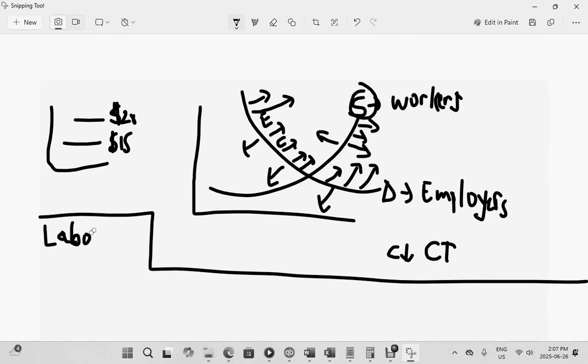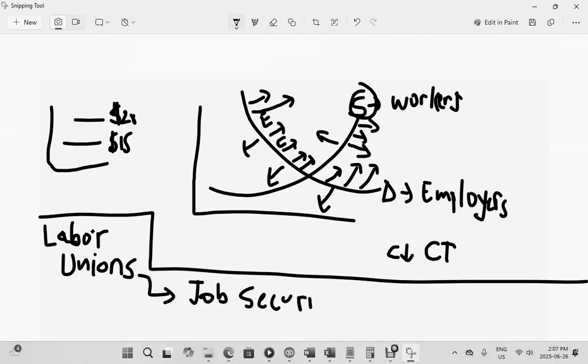One of the reasons why labor unions bargain for wages and job security is that union workers tend to stay in the company for a longer period of time, which may be more attractive for certain employers. So this is the reason why you have your labor unions. They deal with all these factors and make sure that there is job security, and that you earn higher wages.